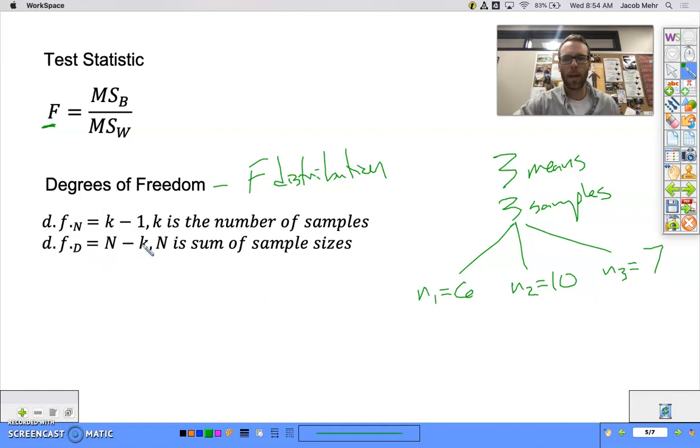This big N is the sum of the sample sizes. It's the total number that were sampled. So for us, our big N would be 6 plus 10 plus 7, which would be 23.